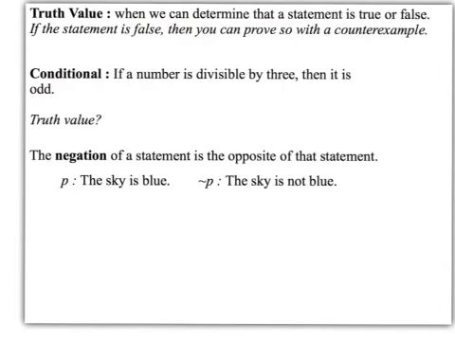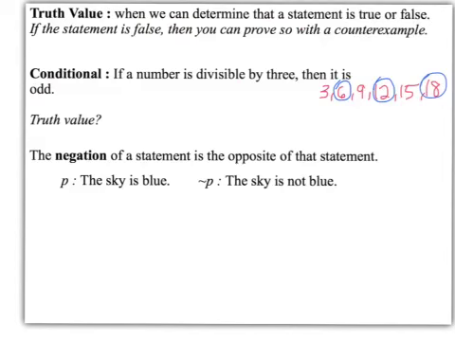Obviously, evenly divisible by 3 would be multiples of 3. So 3, 6, 9, 12. These are all divisible by 3. Well, 3 is odd, but is 6 odd? Is 12 odd? The next would be 18. Is 18 odd? The truth value here is going to be false.